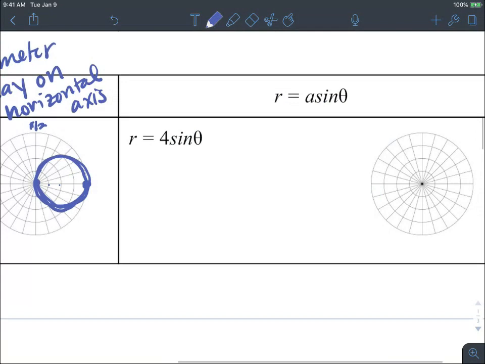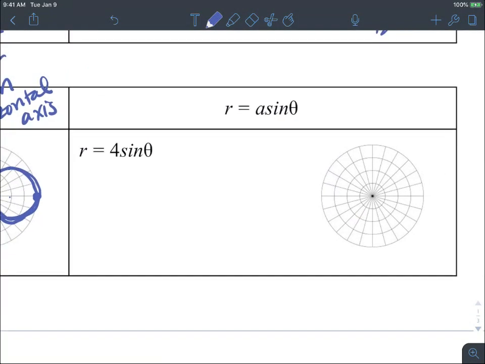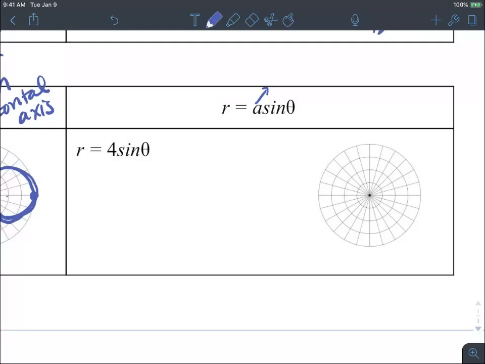The next one, if I have a sine theta, a is going to be the diameter. So it's all in the way these equations look. Okay, if I have sine theta, the circle lays on the vertical axis.